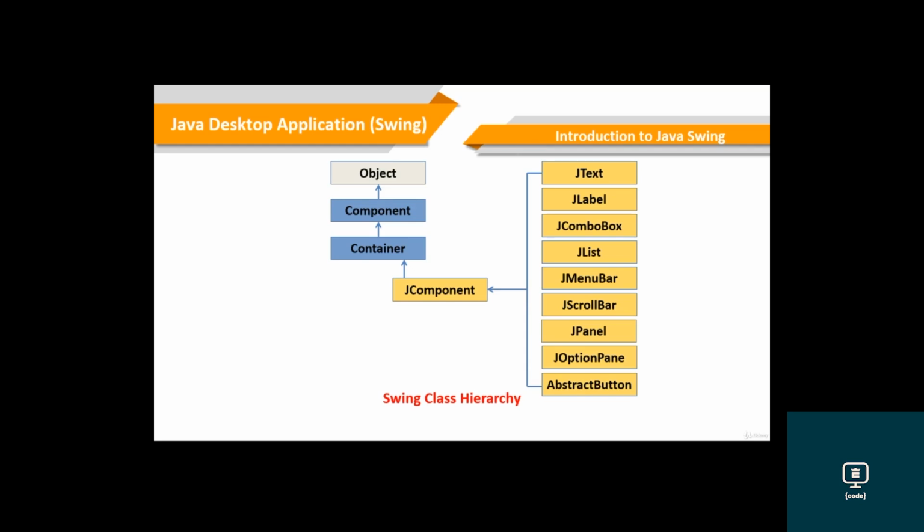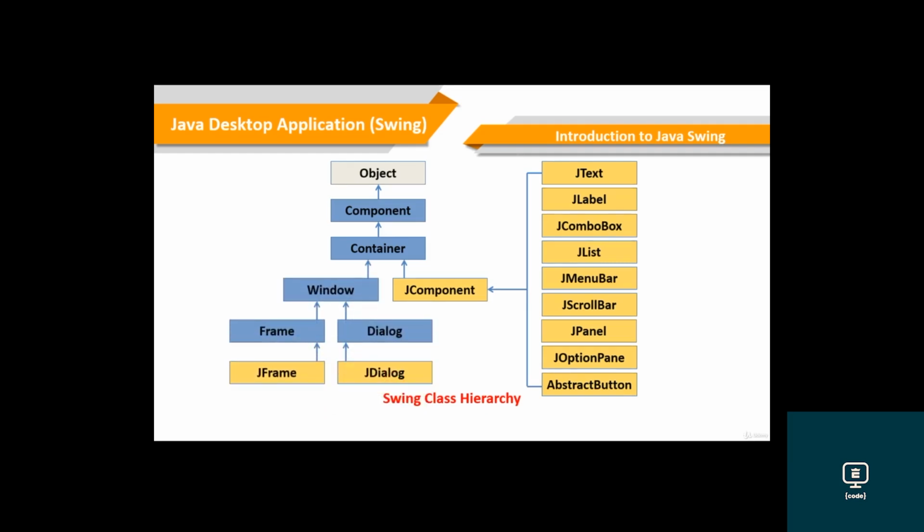JText, JLabel, JComboBox, JList, JMenuBar, JScrollBar, JPanel, JOptionPane, and JButton as abstract button extend the JComponent class. Also, the JFrame extends the frame and JDialog extends the dialog class. Both the frame and the dialog class extend the window class.